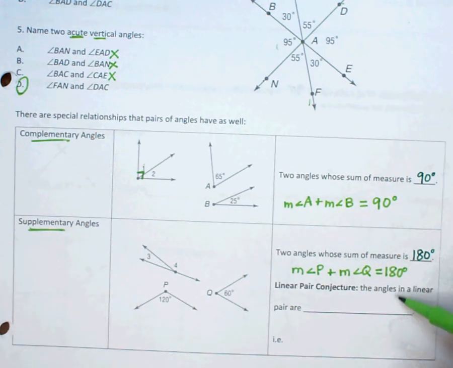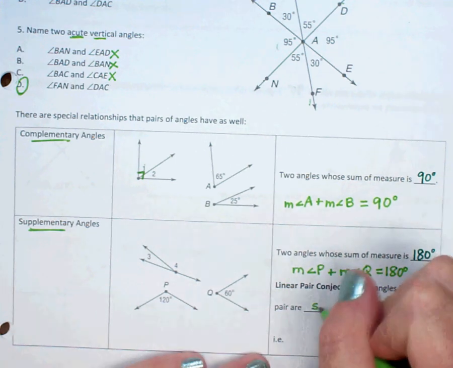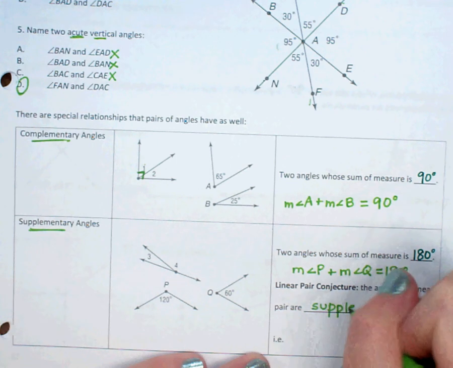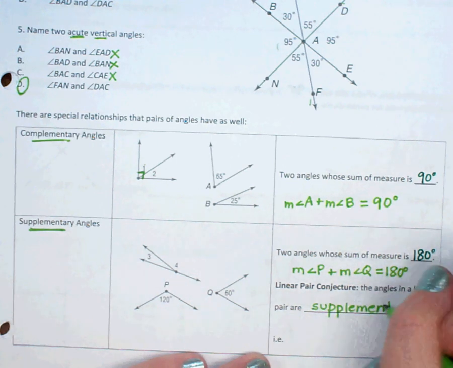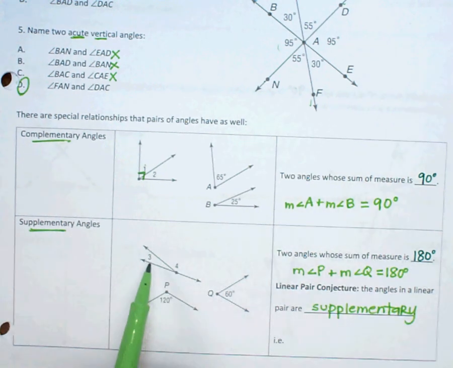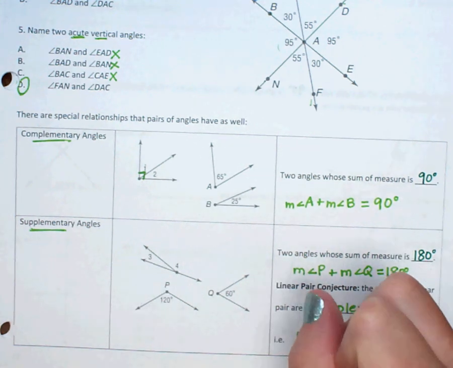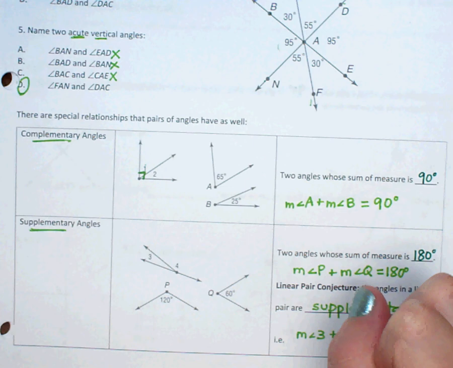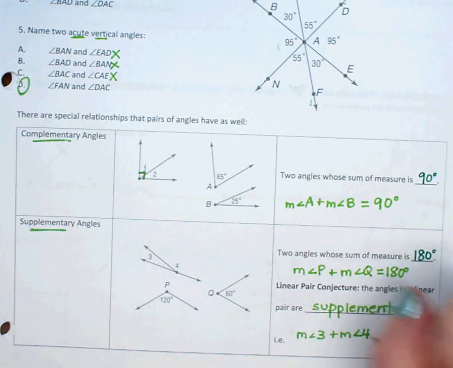Now, linear pair conjecture says that the angles in a linear pair are supplementary. Always. Okay, so even though we don't have measures for angle 3 and angle 4, we know that their sum is 180 degrees.